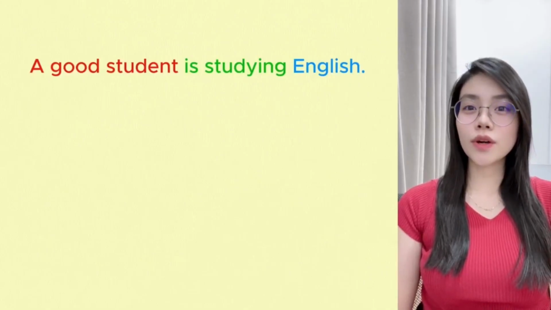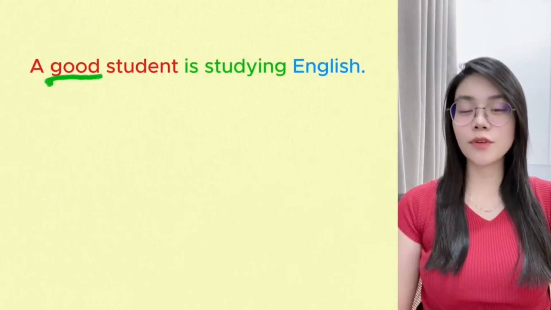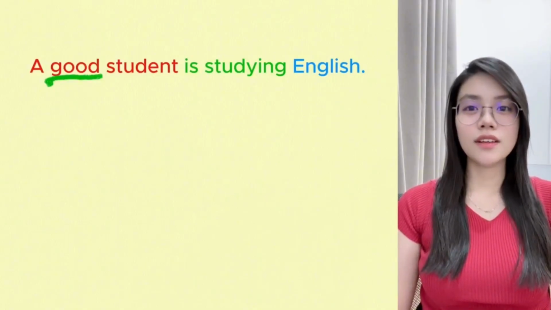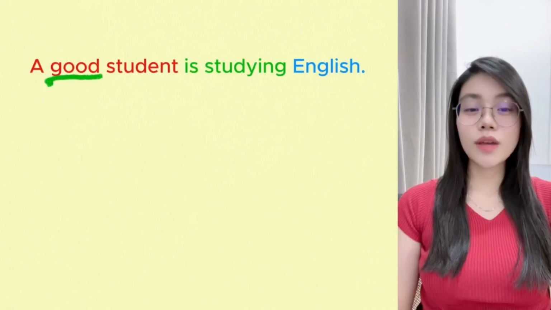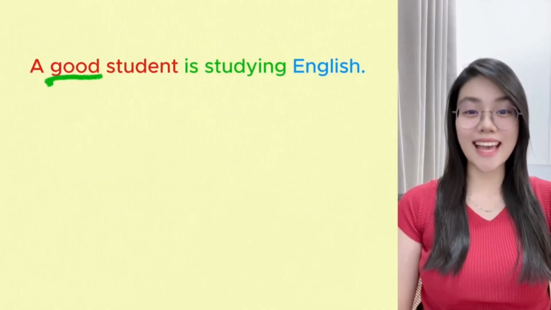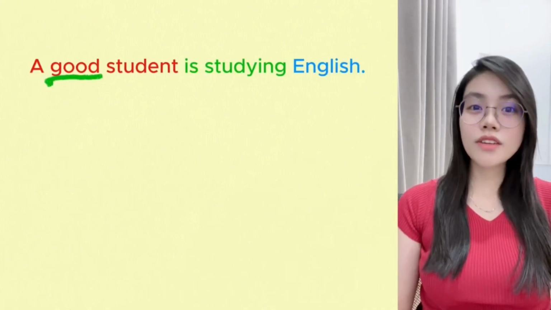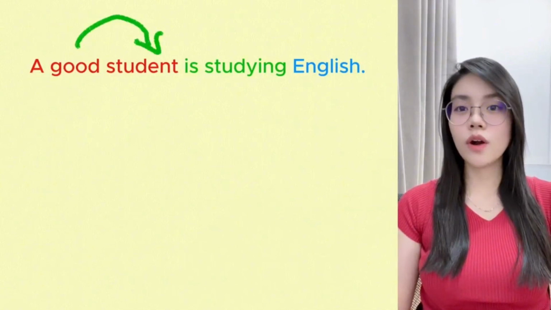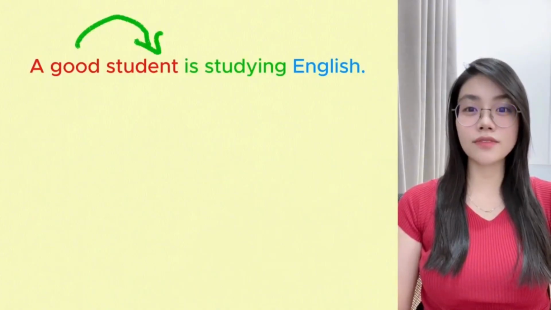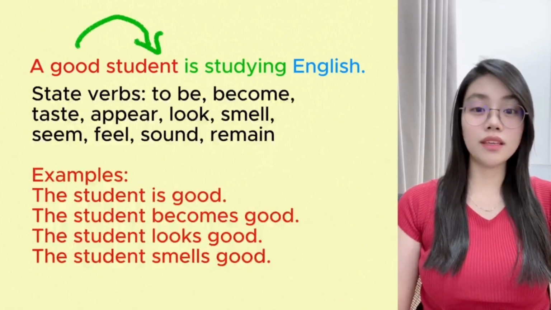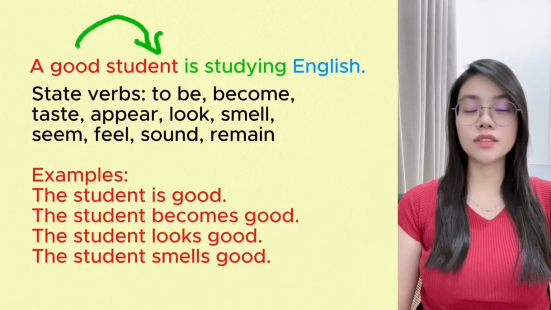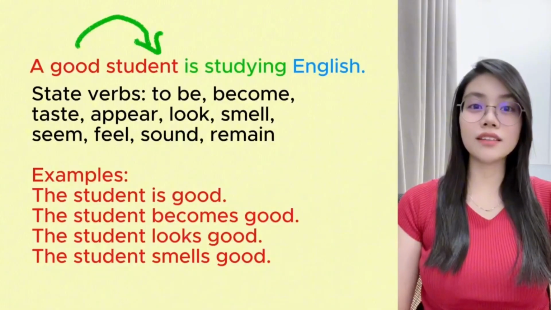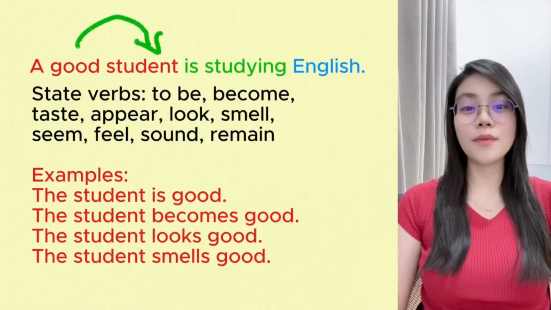You can see that the word good is added right before the noun student. Good is an adjective. So what role do adjectives play? Yes, adjectives modify nouns and are always placed right before a noun or after certain state verbs such as be, become, taste, appear, look, smell, seem, feel, sound, and remain.